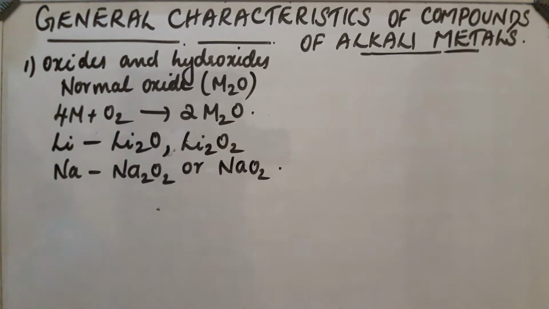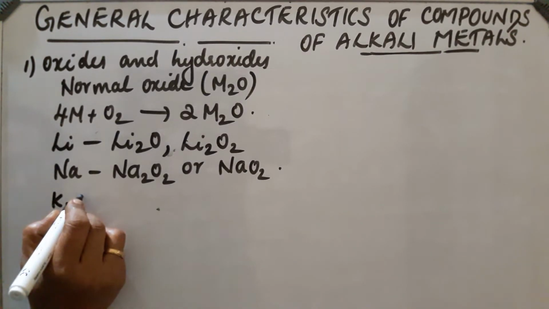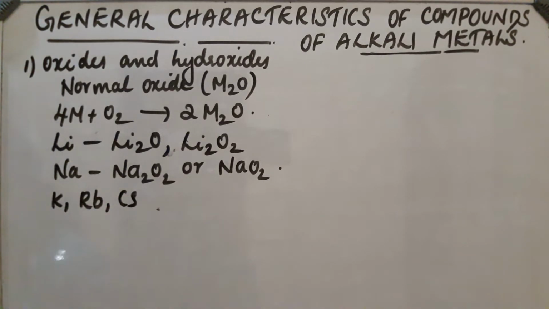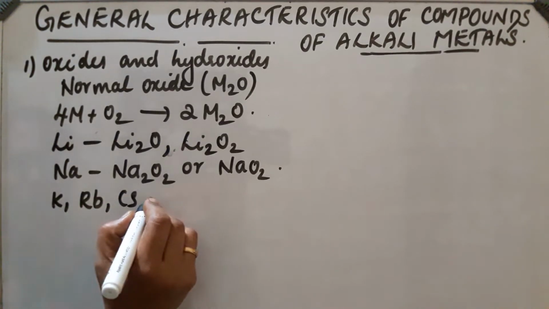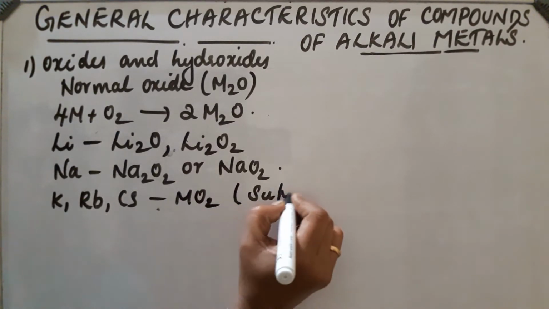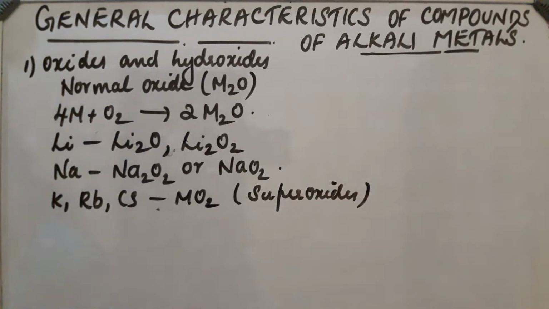Sodium superoxide will be obtained. Higher cations, that is large cations, potassium, rubidium, cesium, form superoxides only, that is MO2. So these are the different reactions with oxygen.